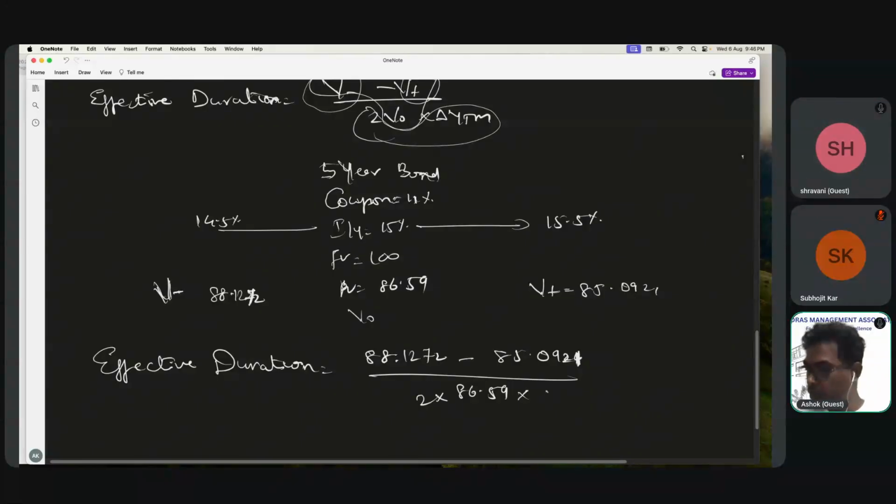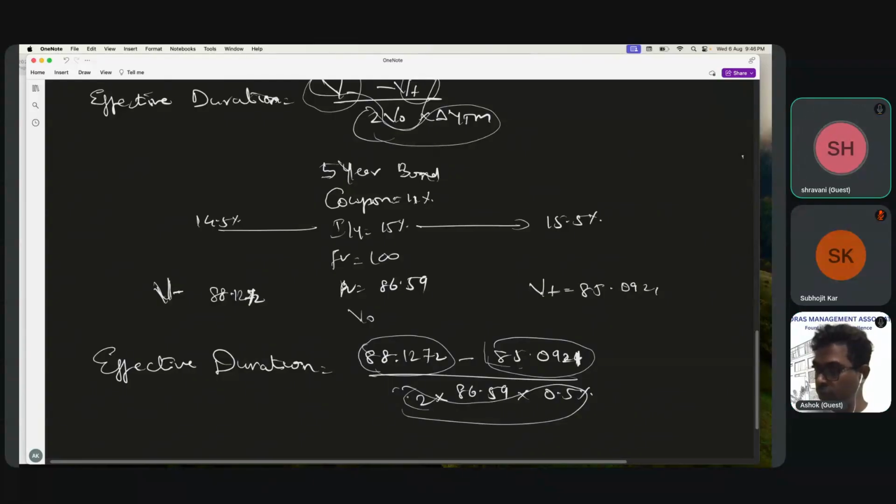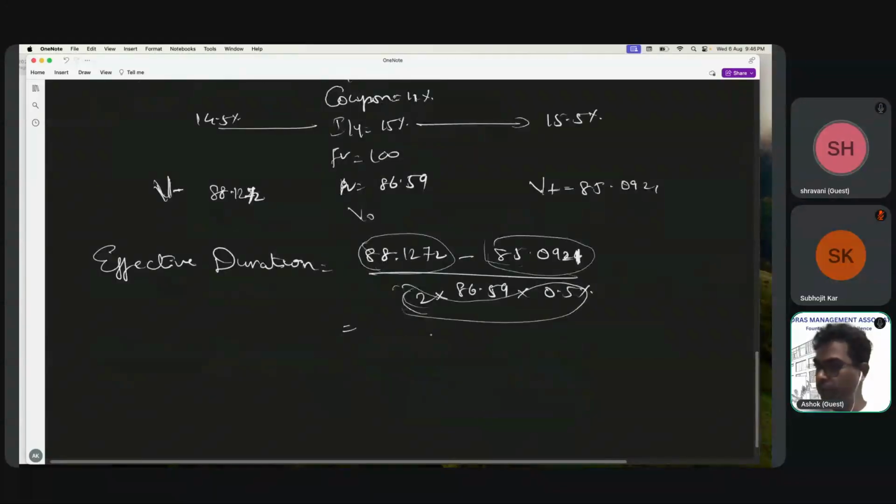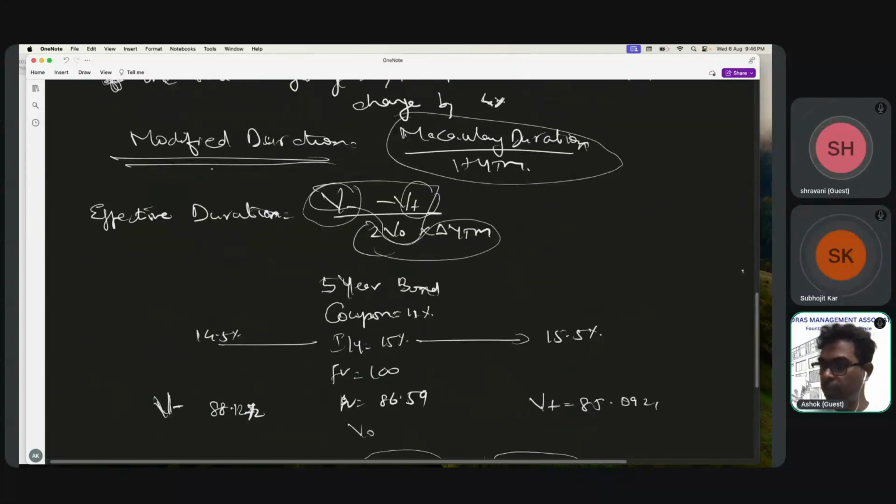YTM change is 0.5 percent. Why am I doing 2 into? Because I'm taking 2 times the number here, so 2 times I'm taking the YTM change also. When you calculate, you get the same thing, 3.50. So you get the same answer, effective duration as modified duration.